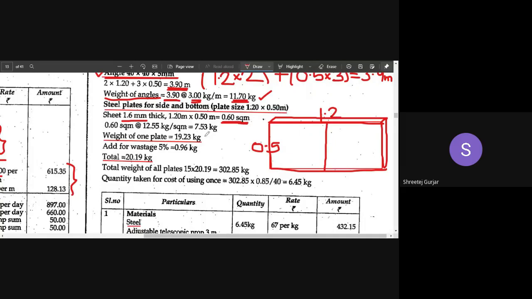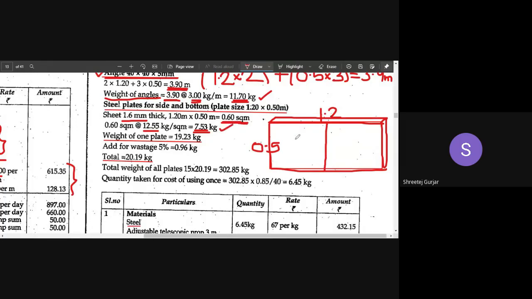So the weight of this panel in kg per square meter is given as 12.55. So 0.6 into 12.55 will give you the weight of one panel. Weight of one panel is 7.53 kgs.